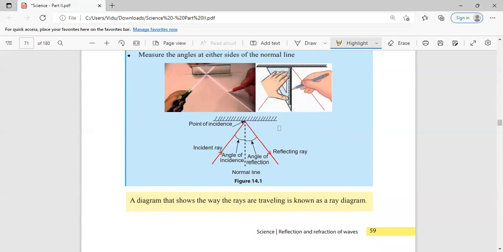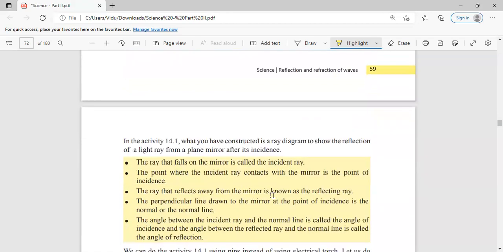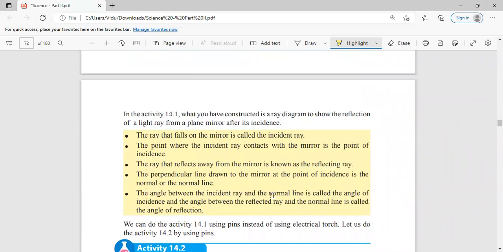And in this activity, you should know that a diagram that shows the way the rays are traveling is known as a ray diagram. In activity 14.1, what you have constructed is a ray diagram to show reflection of a light ray from a plane mirror after its incidence.